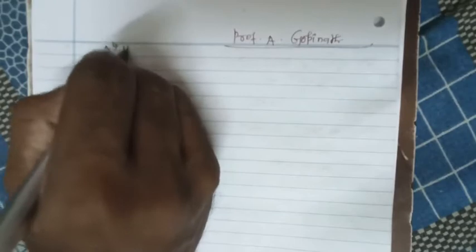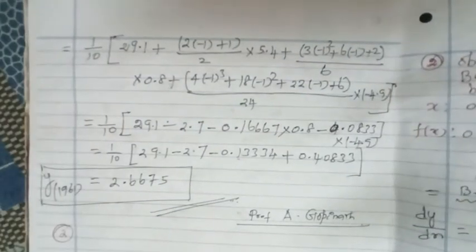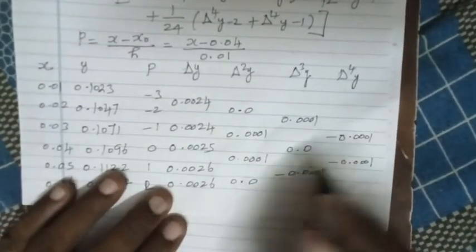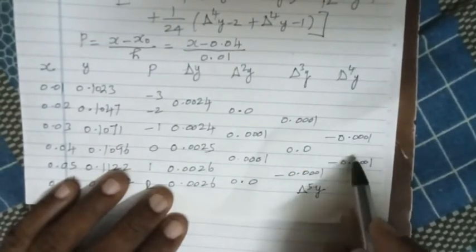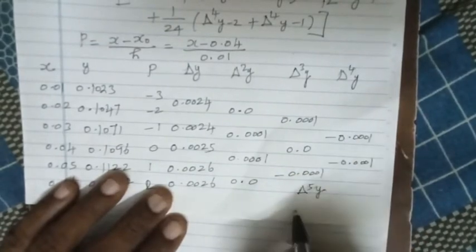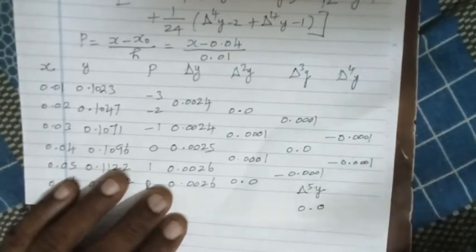Delta power 4y we already found out. Next, delta power 5y, difference between these two, now result is 0.0.